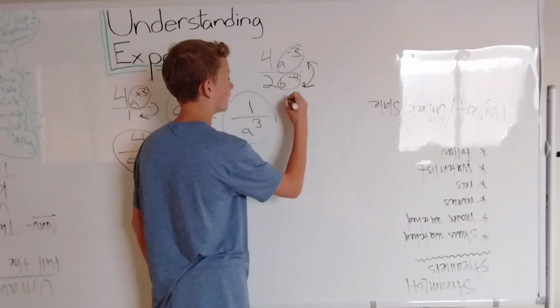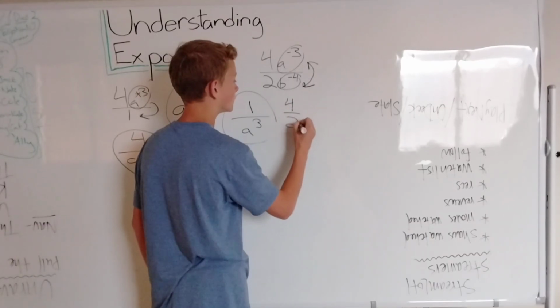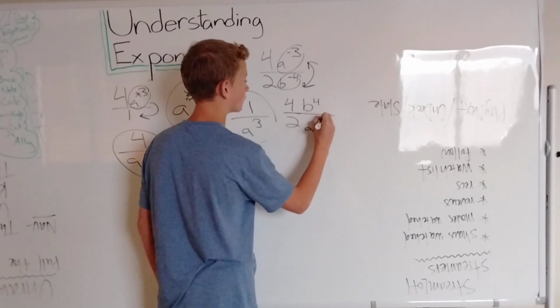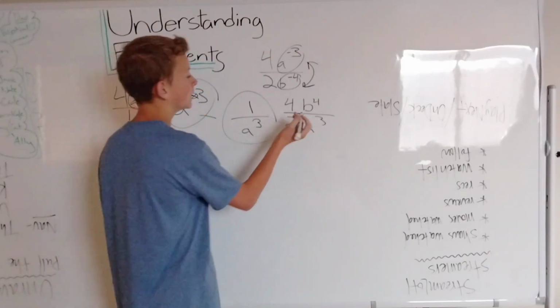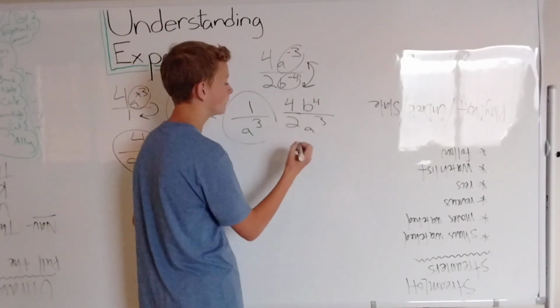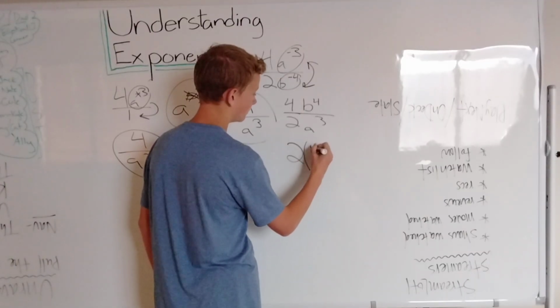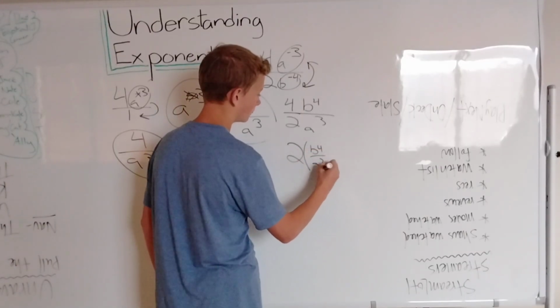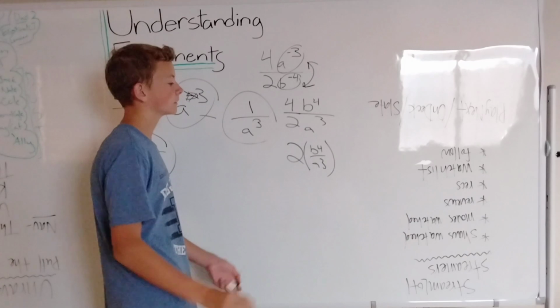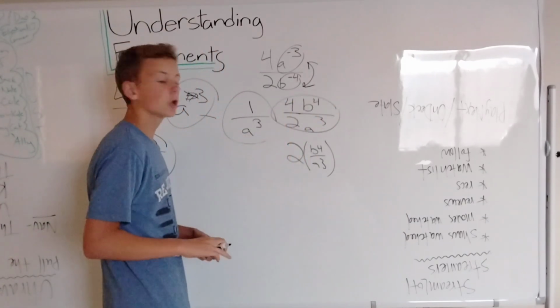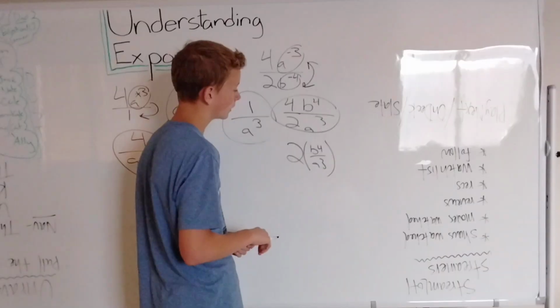So we're going to get 4 over 2 and b to the 4th and a to the 3rd. Remember to take away the negative. And if we reduce that, we can just do 2 times b to the 4th over a to the 3rd. So that's how that's going to work.